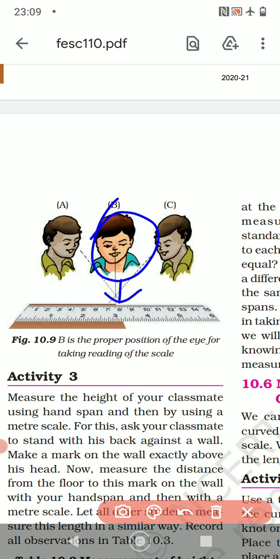If you watch from here, you may give wrong interpretation. Here also it might not give the correct answer. So your position should be absolutely correct, right? So these are the three rules for the correct measurements. All right.